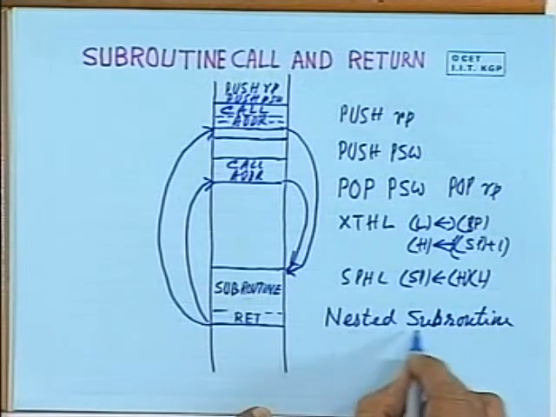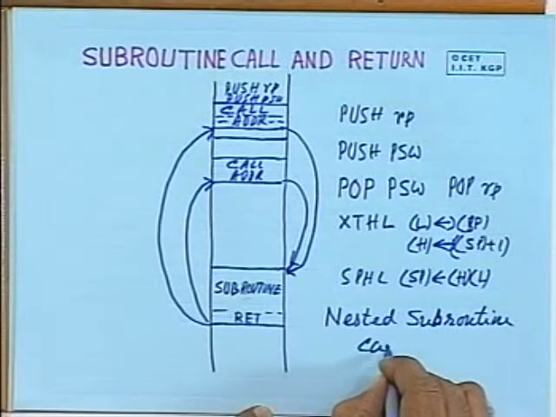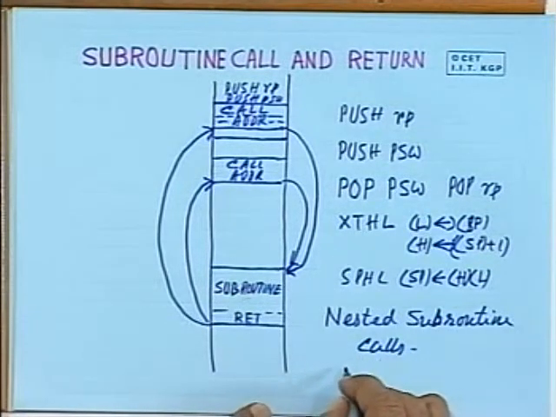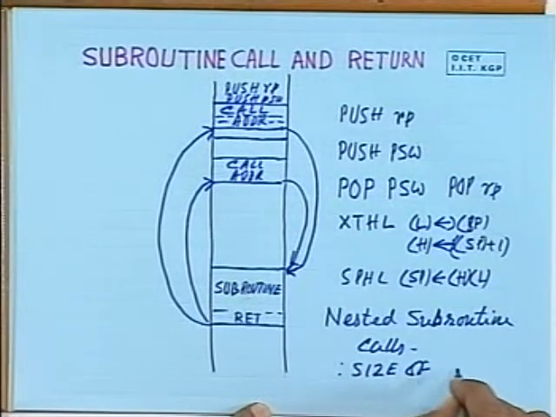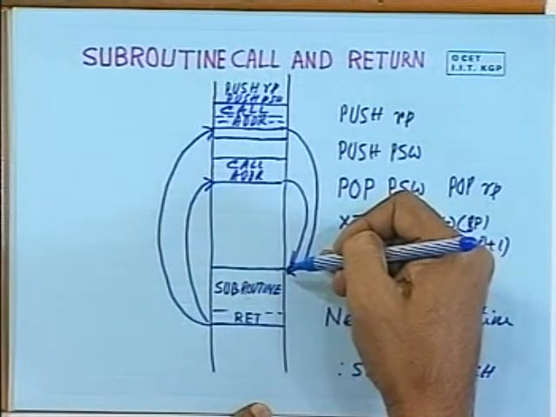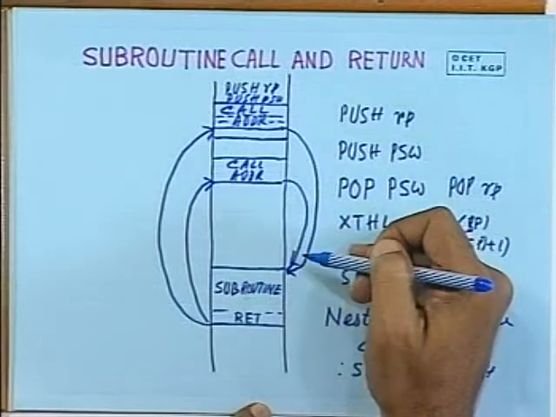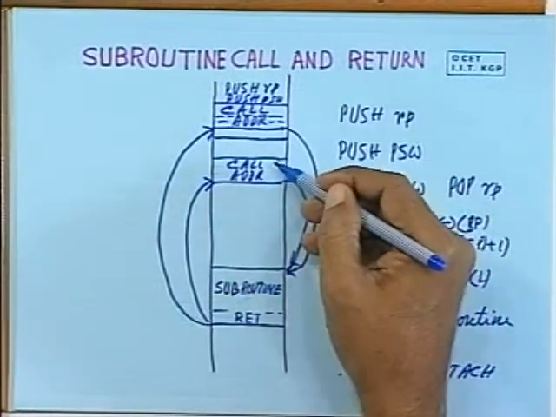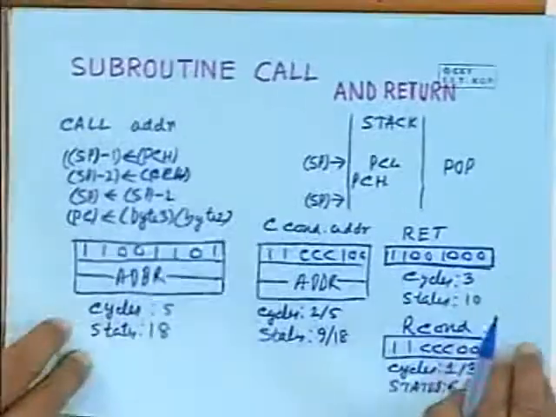However, the number of nestings that you can do will be decided by the size of the stack. The size of the stack will decide how many nested calls you can perform, because whenever you perform a subroutine call, the program counter value is stored in the stack. Each time you perform a call in the nested form, it will be stored gradually in the stack one after the other.